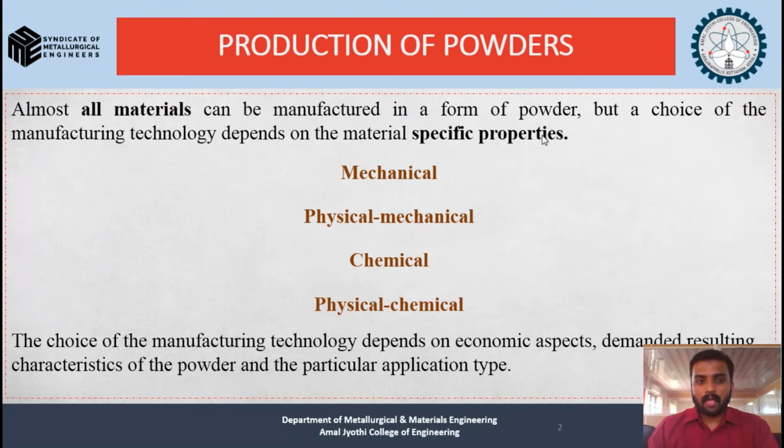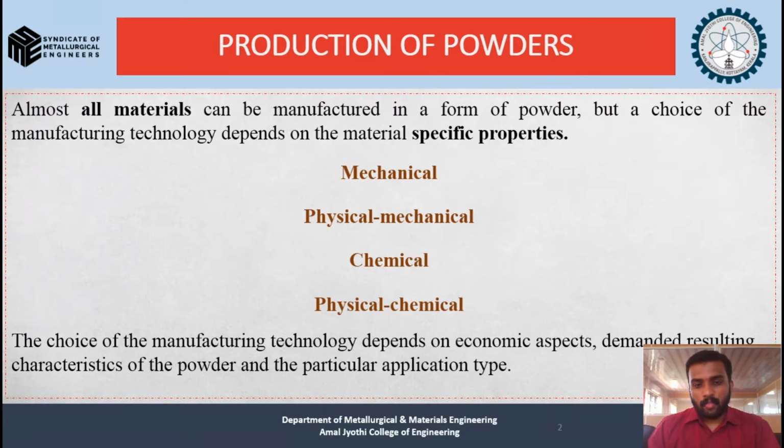But the choice of manufacturing technology depends upon the material-specific property. Each element will have different properties, and that is the main criterion for choosing different methods to make the powder. For the production of powders, we have four methods: mechanical, physical mechanical, chemical, as well as physical chemical.